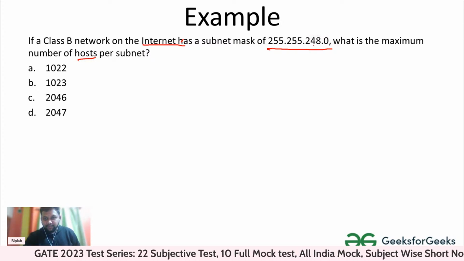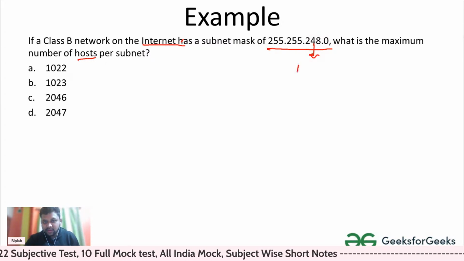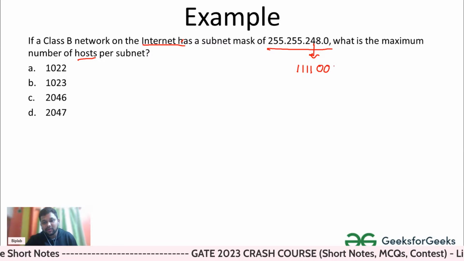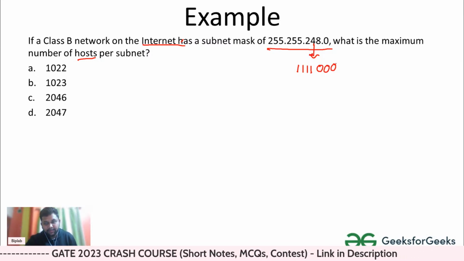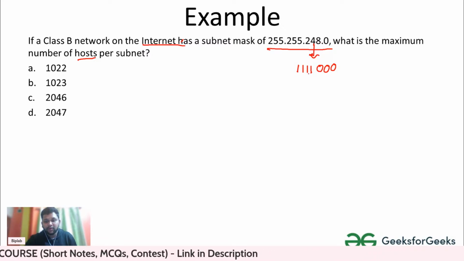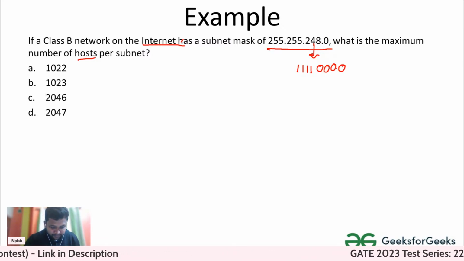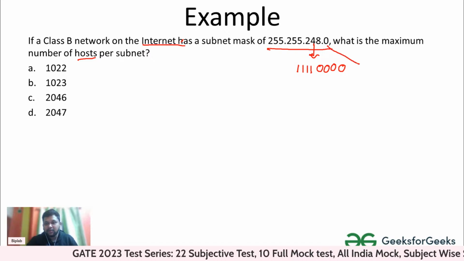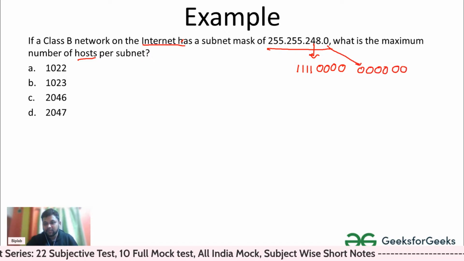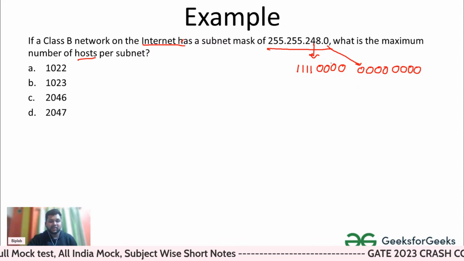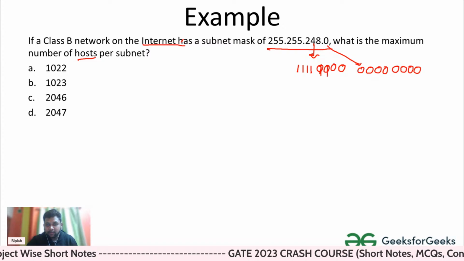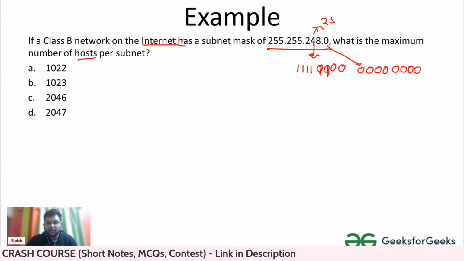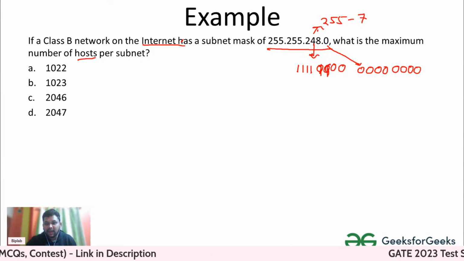In the subnet mask, 248 is represented with five ones and three zeros. 248 can be written as 255 minus 7, so that means the last 3 bits will be available.